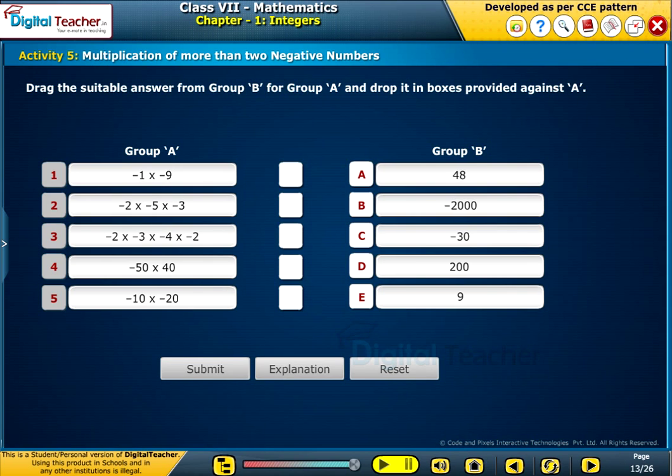Let us now perform an activity to know the multiplication of more than two negative numbers.